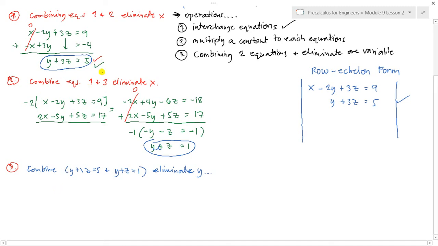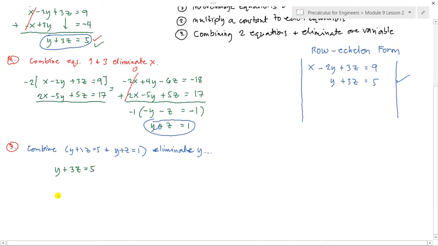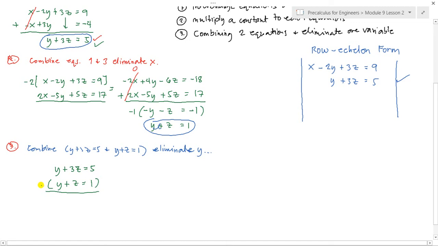So kani siyang una, we have y plus 3z is equals to 5. Then ubos, we have y plus z is equals to 1. Okay? Here, mas better kung ako na siya i-multiply ng negative 1 ang second equation para ma-positive y plus negative y magiging 0. So, it would now become y plus 3z is equals to 5 and this one, negative y minus z is equals to negative 1.